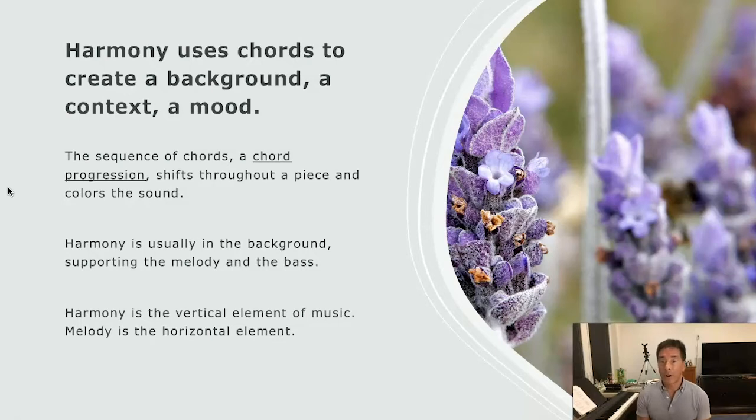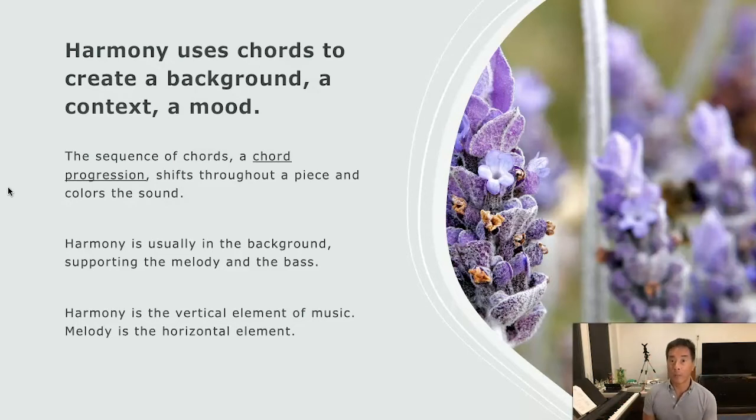Oftentimes we'll speak of the harmony as being the vertical element of the music because it happens at one moment. So we have a chord here, and we could talk about a C major chord having this bold feeling, or a C minor chord as maybe having a little bit of a sadder feeling to it. But it's the vertical. What's the horizontal element?